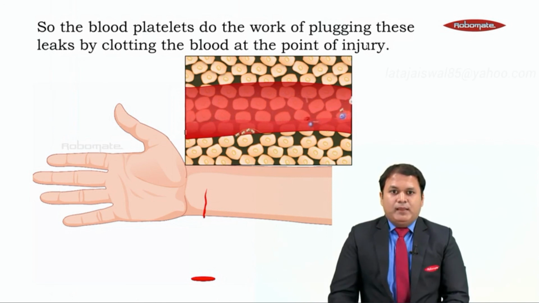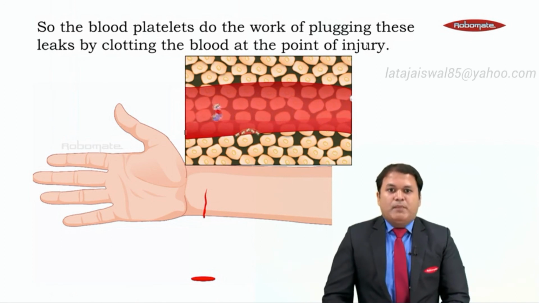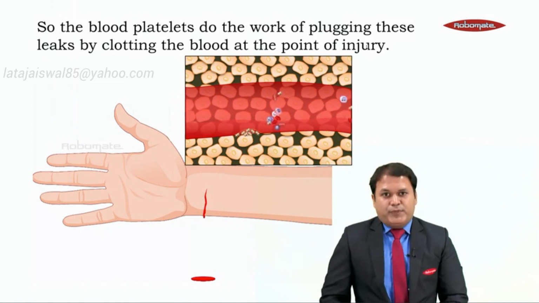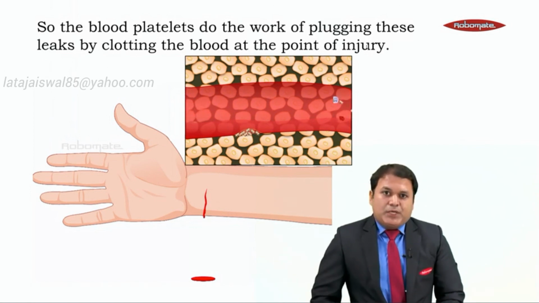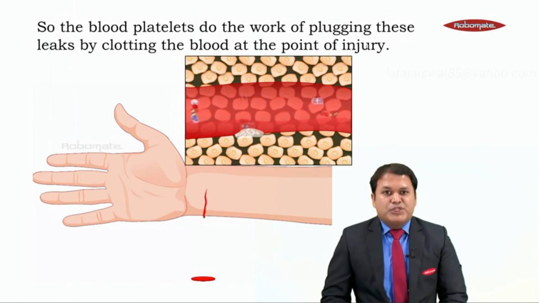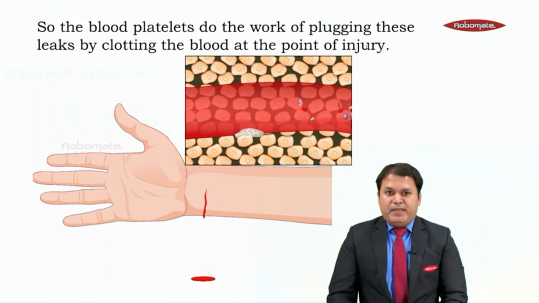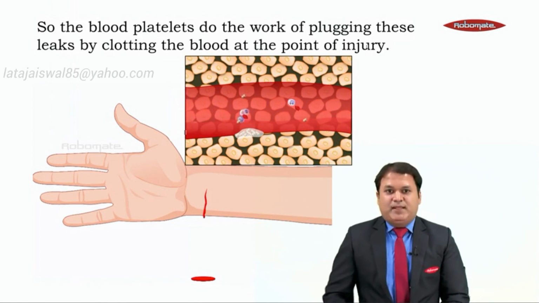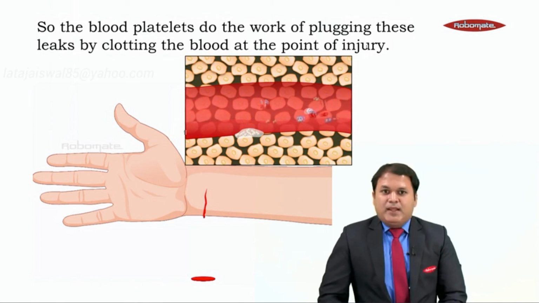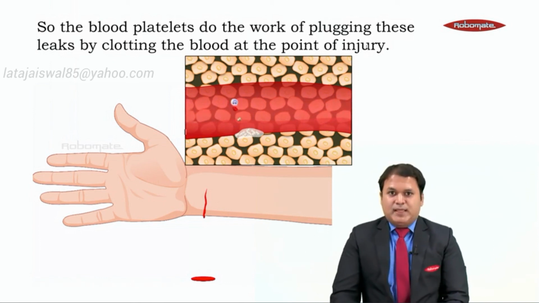You can see the other blood cells are flowing, but the platelets are coming and getting accumulated at the site of injury. And when they get accumulated there, they form an interconnected meshwork which plugs the leak, as you can see in the diagram. So the blood platelets do the work of plugging these leaks by clotting the blood at the point of injury.